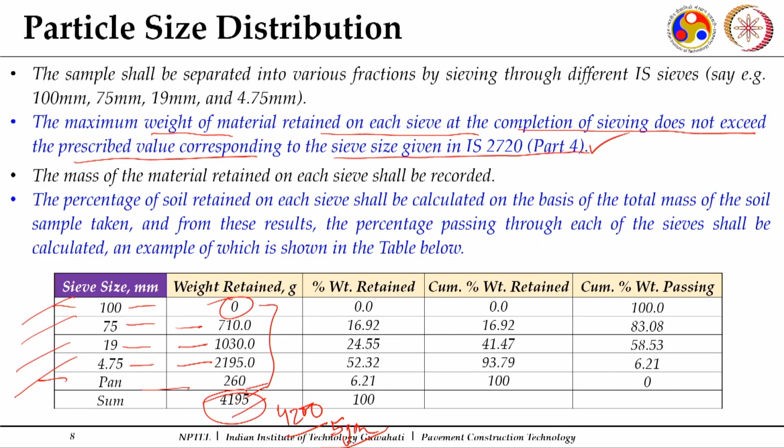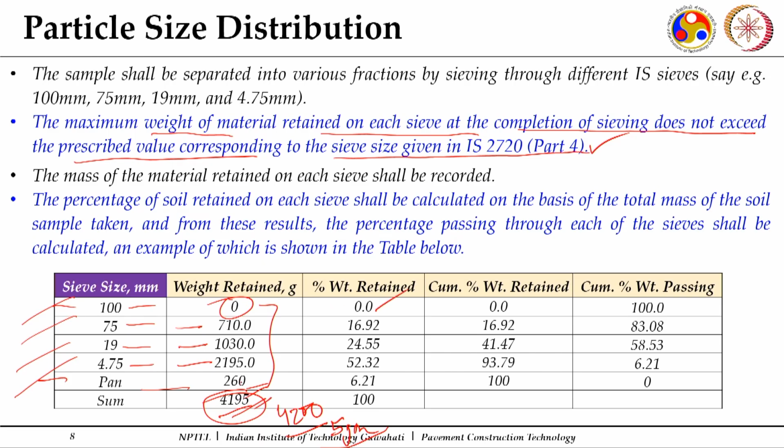But still chances are there that some discrepancy will be there, especially between the total quantity of material you have taken and what finally comes on the individual sieve sizes. So, for my consideration I will take what is present on the different sieves. Now, with respect to this 4195, I can work out how much percentage retained is there.